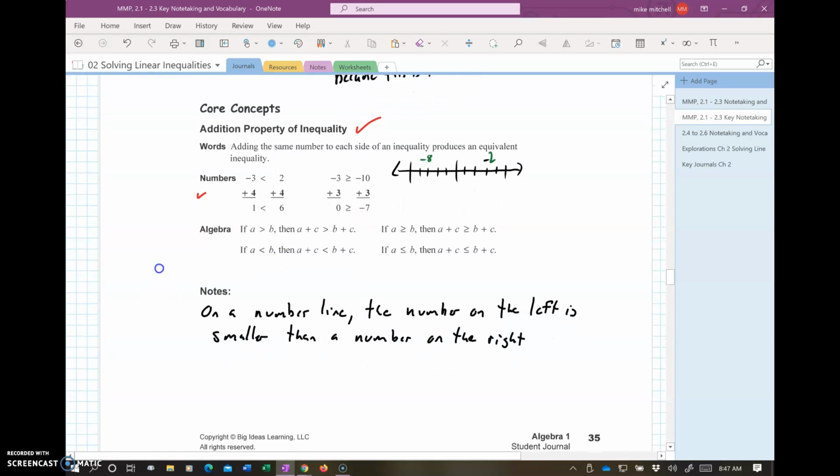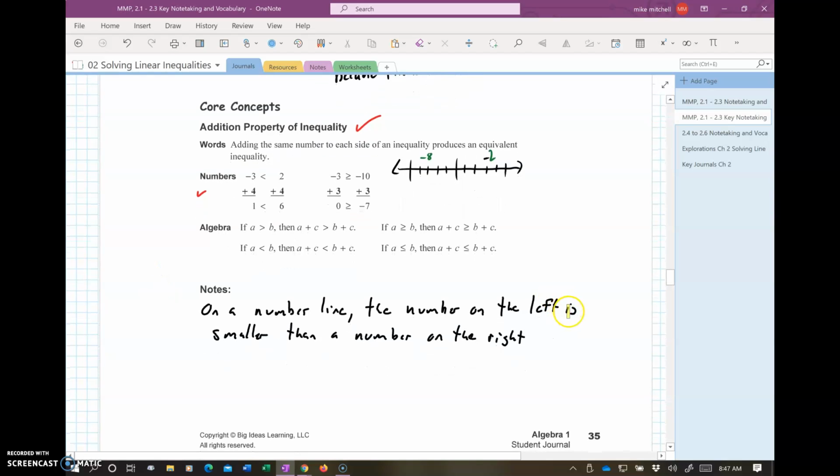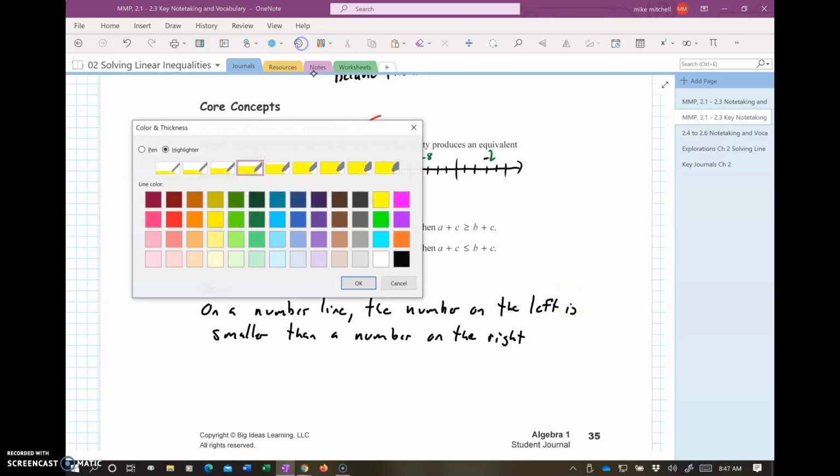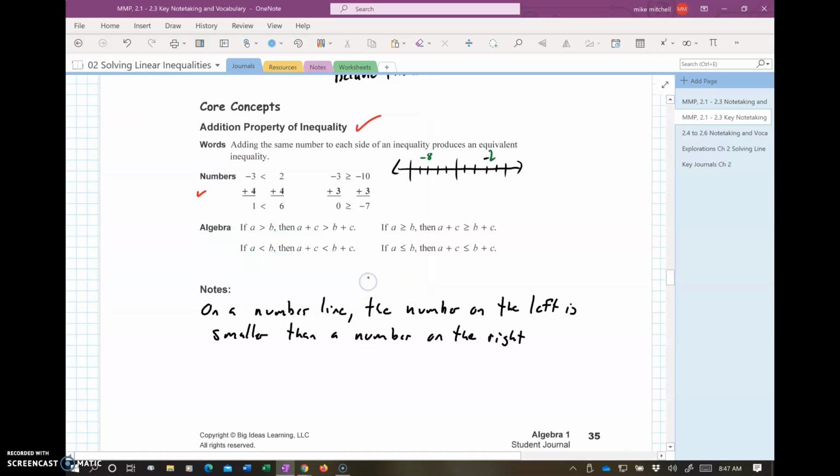Just a quick reminder, checking answers. On the number line, the number to the left is smaller than the number to the right. And don't forget to graph, get the variable on the left.